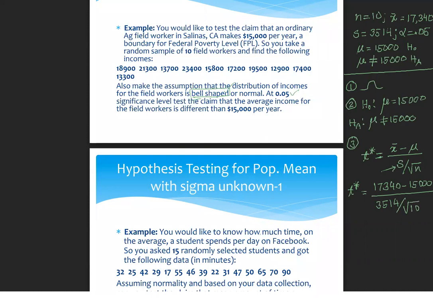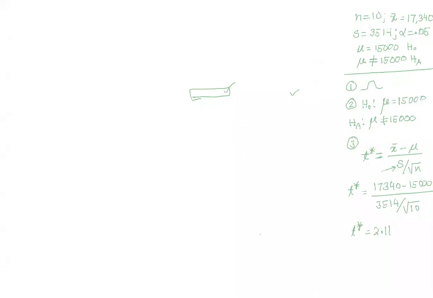If you do the math, you will get 2.11. T star is equal to 2.11. I rounded it to the hundredths place, of course. So your test statistic is 2.11.